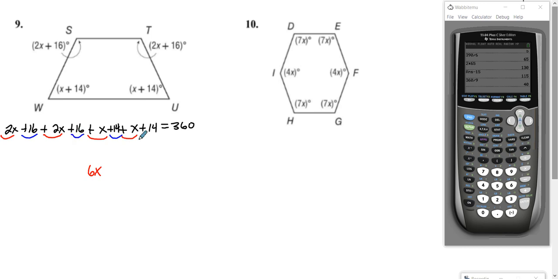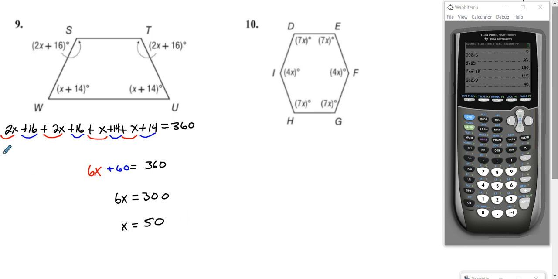Plus another 16 and 14 is another 30. So that would make 60. You could have just added 16 plus 16 plus 14 plus 14. Same thing. Equals 360. Subtract 60 from both sides, and I get 6x equals 300. Divide by 6. I think that's going to be 50.